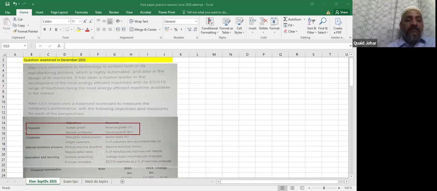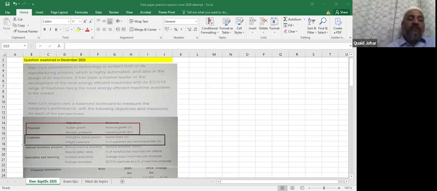Now, the second perspective is the customer perspective. The first objective of the customer perspective is to strengthen market position, measured by market share percentage, and the second objective is to delight customers. How do they measure it? They measure it through the percentage of customers who recommend Clan.